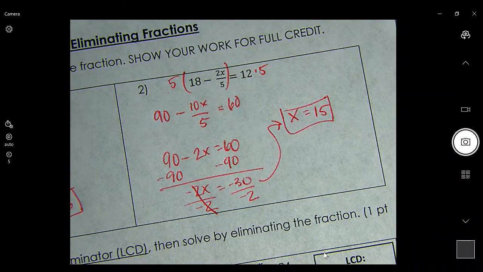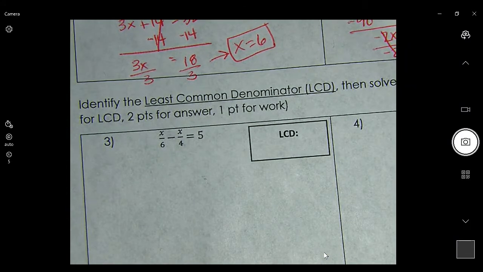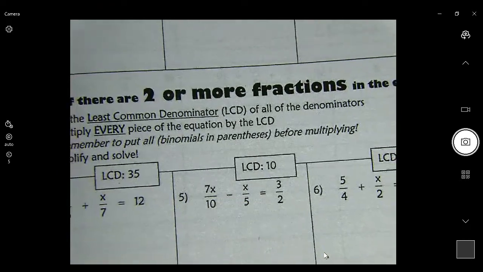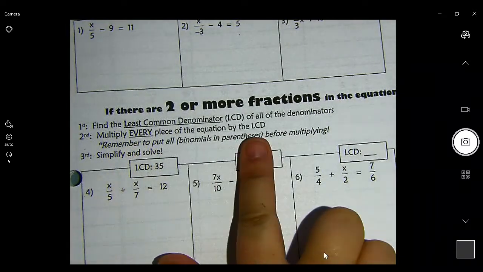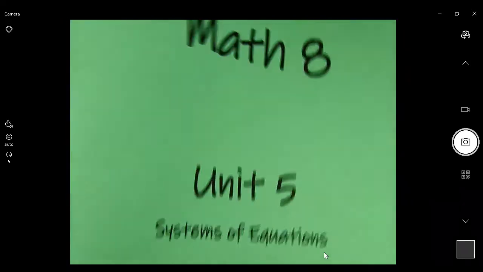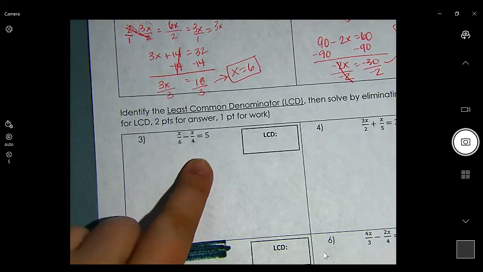All right, now we're going to move down to fractions with more than one denominator. And again, page 9 is going to be your best friend because it says if there are more than 2 fractions in the equation, you're going to find the least common denominator and then multiply every piece by the least common denominator. Okay, so here I have 6 and 4.